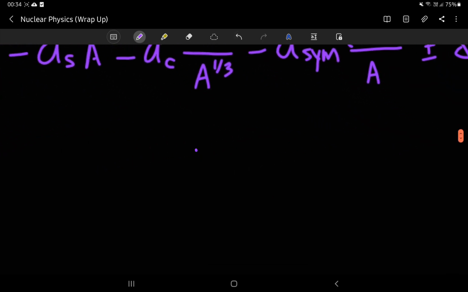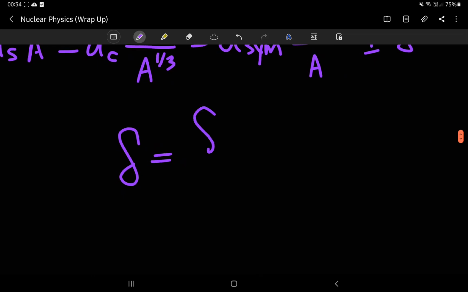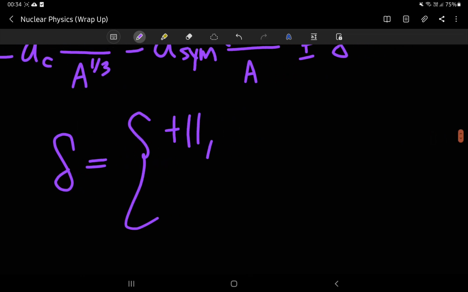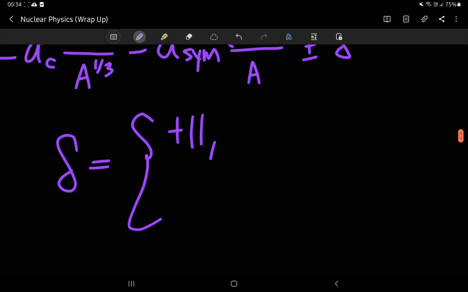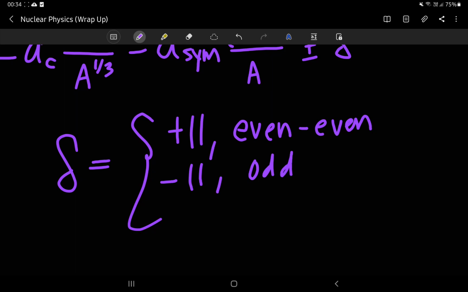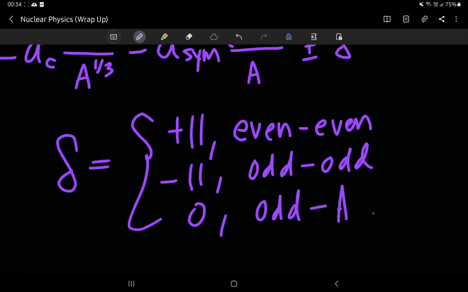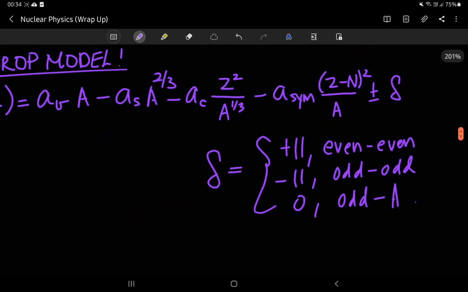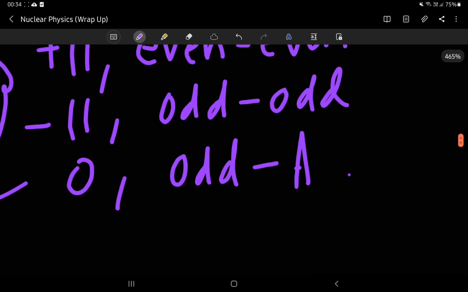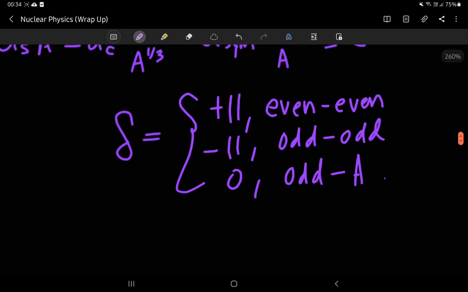So the delta is plus 11 MeV if the nucleus is even, minus 11 MeV if odd nuclei, odd, and 0 if odd A, which means the mass number is odd.